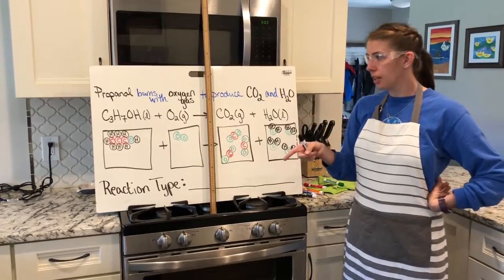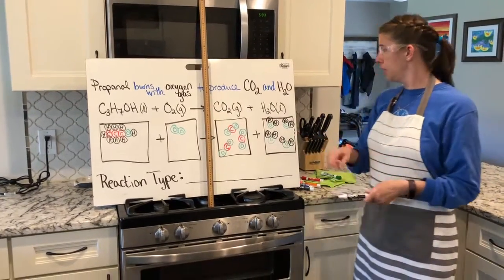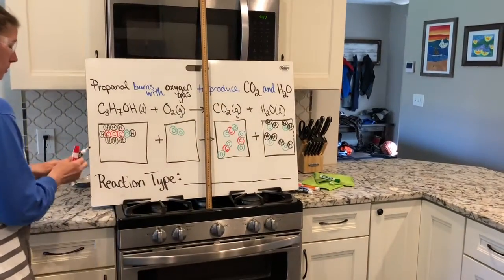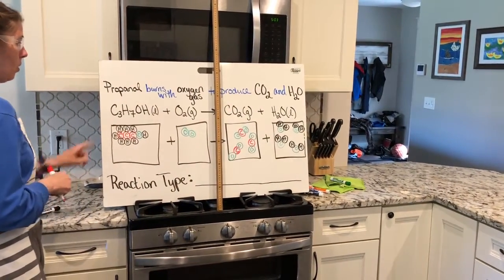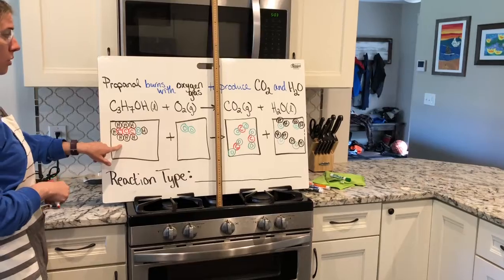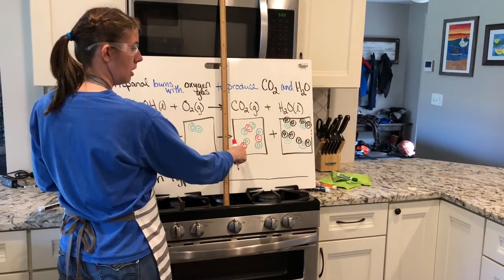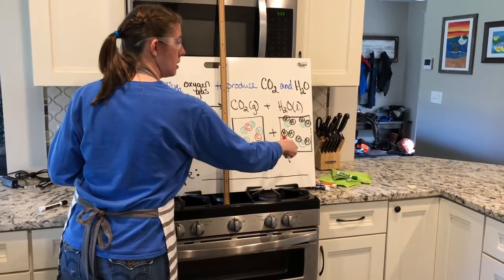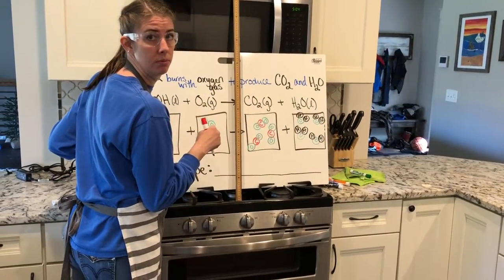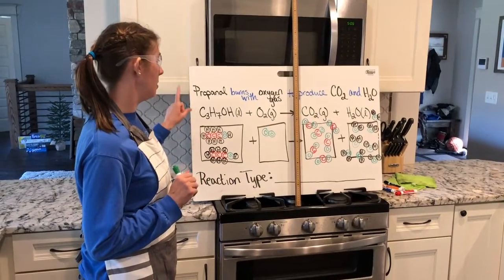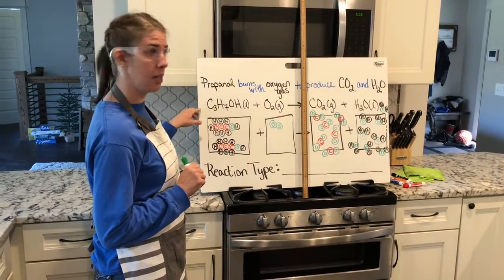But a trick that sometimes works is to go back and redraw one of these, which also means I'm going to need 6 total of these and 8 total of these. I'll go ahead and do that right now. All right, I have my propanol doubled.